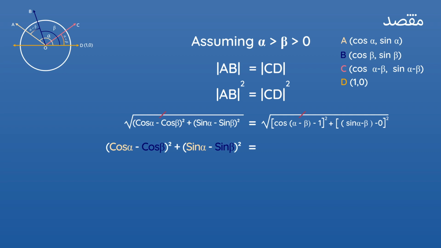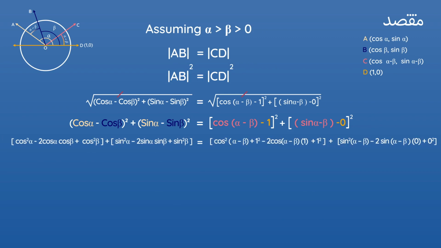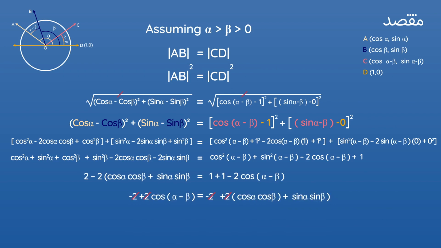For the length CD, our formula would be cos alpha minus beta minus 1 the whole thing square plus sin alpha minus beta minus 0 the whole thing square. Now we will expand this equation, and here we will simplify this equation. Simplifying this, we get cos alpha minus beta is equals to cos alpha cos beta plus sin alpha sin beta.